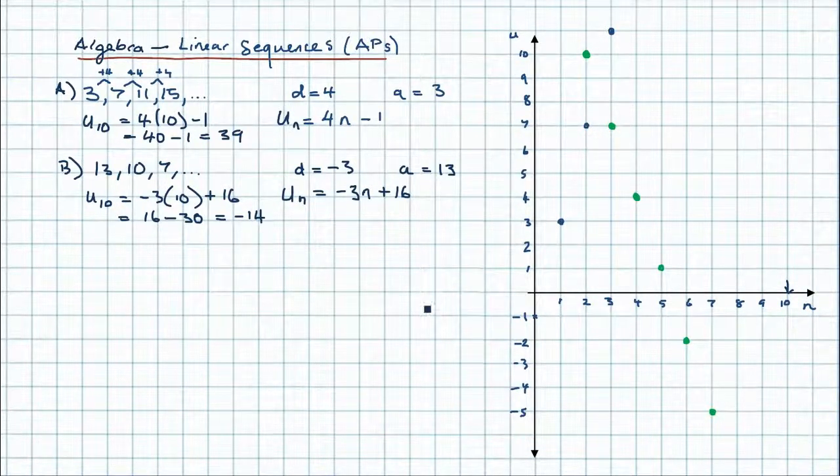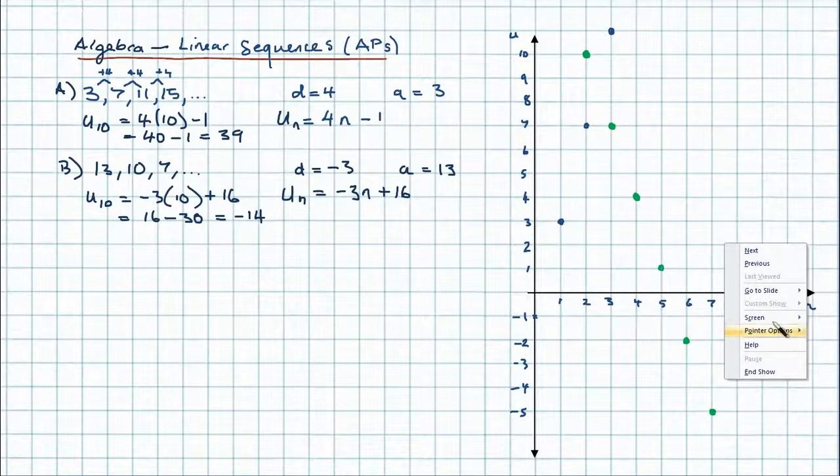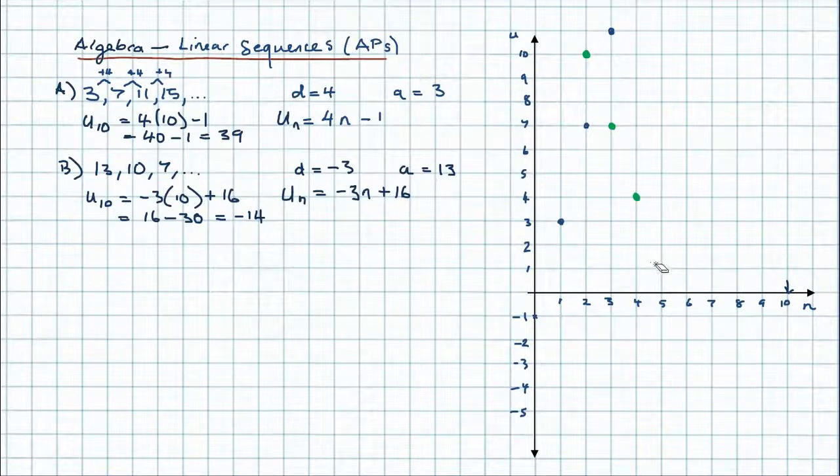Okay, now what I'm going to do here is erase what we've done so far and think now about a real world problem. Because very often these sequence problems are expressed in word form. And what I'll do is bring up a real person then.